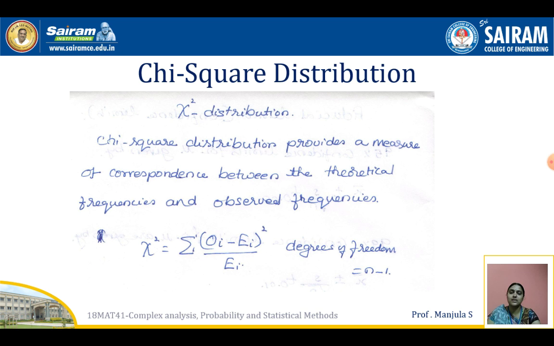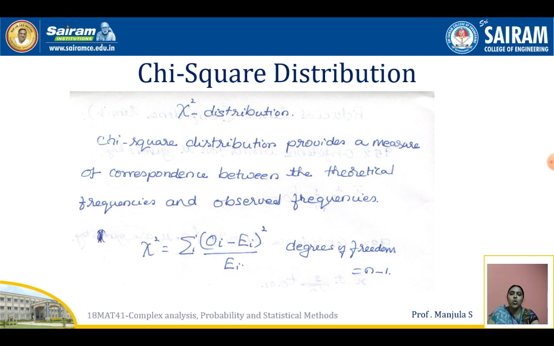Now we'll discuss this chi-square distribution. The chi-square distribution provides a measure of correspondence between the theoretical frequency and observed frequency. We find chi-square with this formula: summation of (Oi minus Ei) whole square divided by Ei.